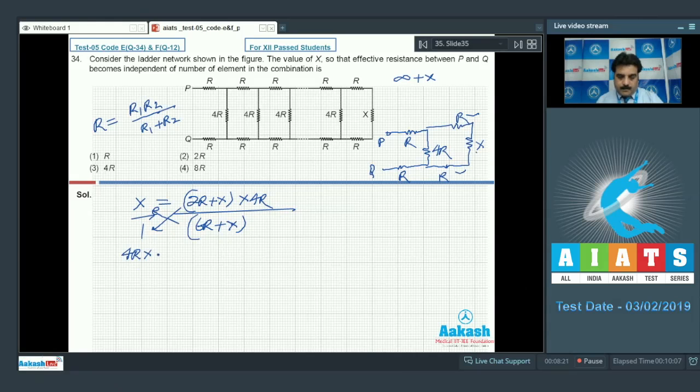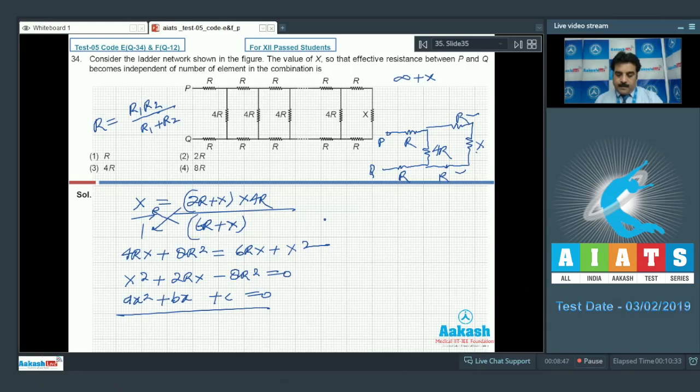So we'll get 4RX plus 8R square equals 6RX plus X square, because I am looking to make a quadratic equation. So X square plus 2RX minus 8R square equal to 0, and you can compare with the quadratic equation aX square plus bX plus c equal to 0, and I am going to use the Sridharacharya method.